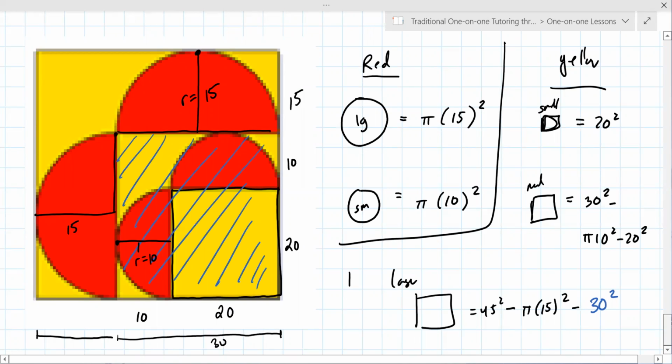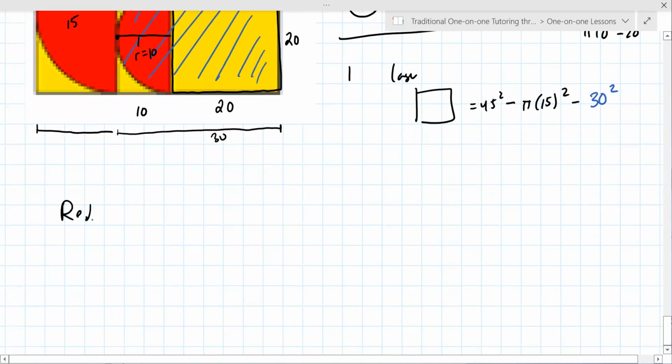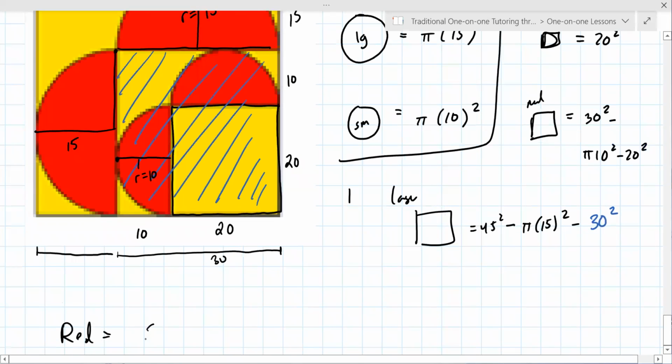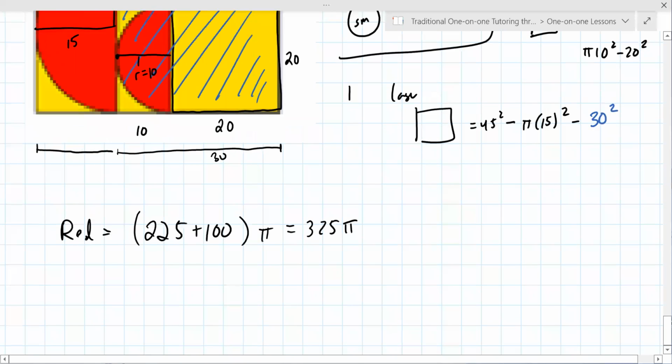total yellow to, okay, so the total red is, we just had this here, 225 pi plus 100 pi. So it's 325 pi, which is around 1100-ish, right in there. And we'll calculate exactly.